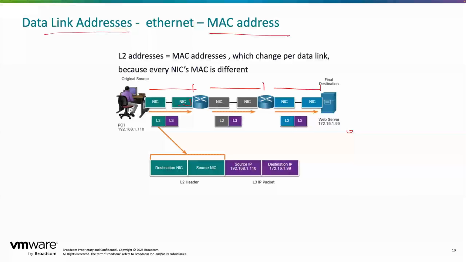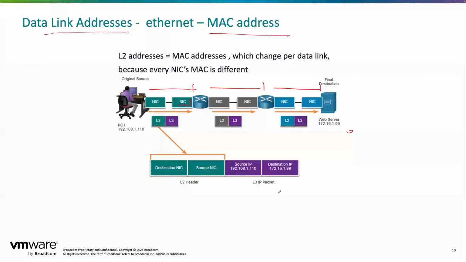So if we want to send this packet to the destination, we need to change the MAC address from the data link point of view for each specific data link. For this data link we use this green MAC address, and for the second data link we use this pair of MAC addresses.